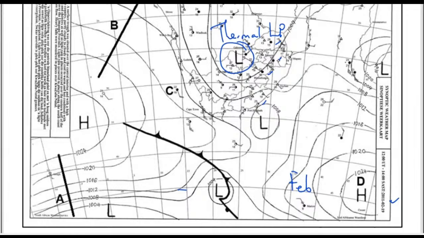And also, if you look at the location of the high pressure cell, this one here, the position, the high pressure cell is further to the south. What does that mean?